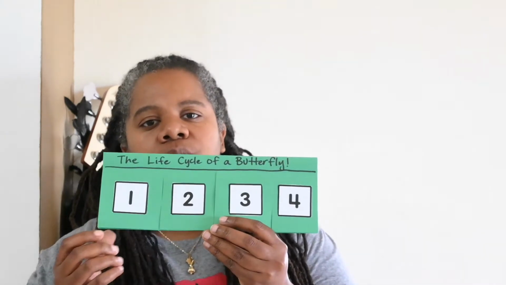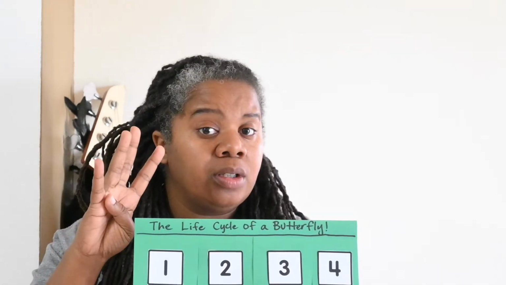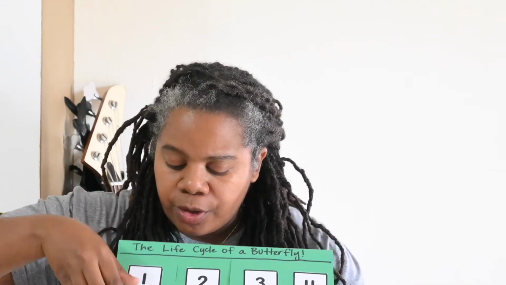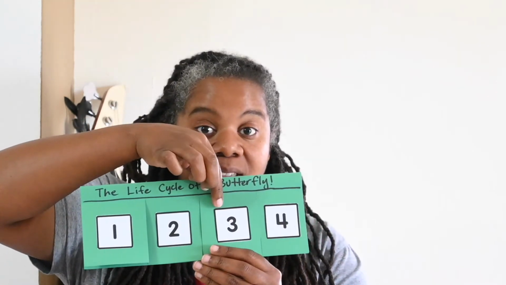Now, for time's sake, I've already kind of put my things down so you can see exactly what you need to do. This is the first thing that we're going to do. We want you to take your numbers 1 through 4 and put them in order on the top flap. 1, 2, 3, 4.